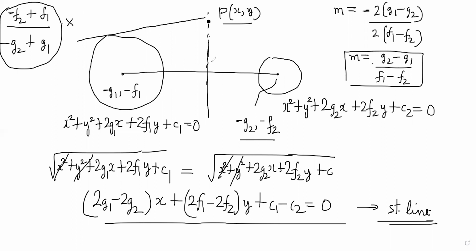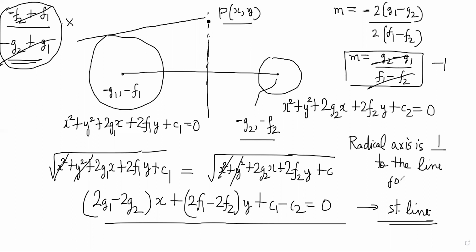If you multiply, g1 minus g2 cancels with this with a minus 1, and f1 minus f2 cancels with a minus 1. So one important thing to realize is that the radical axis is always perpendicular to the line joining the centers.